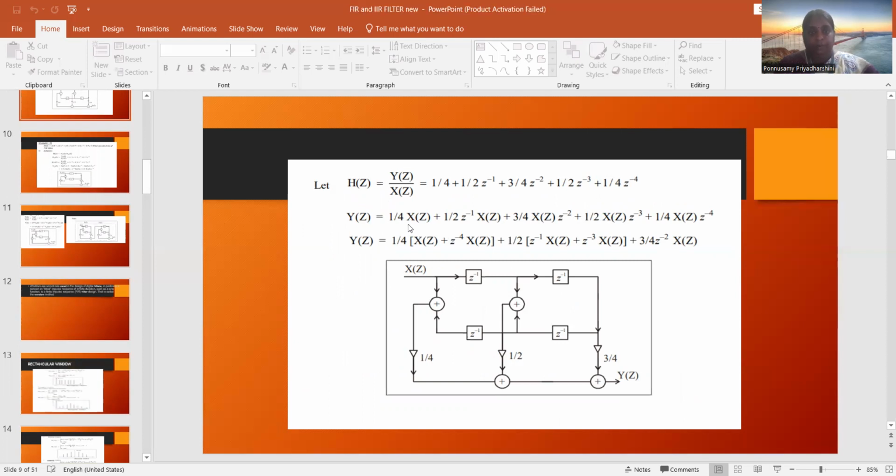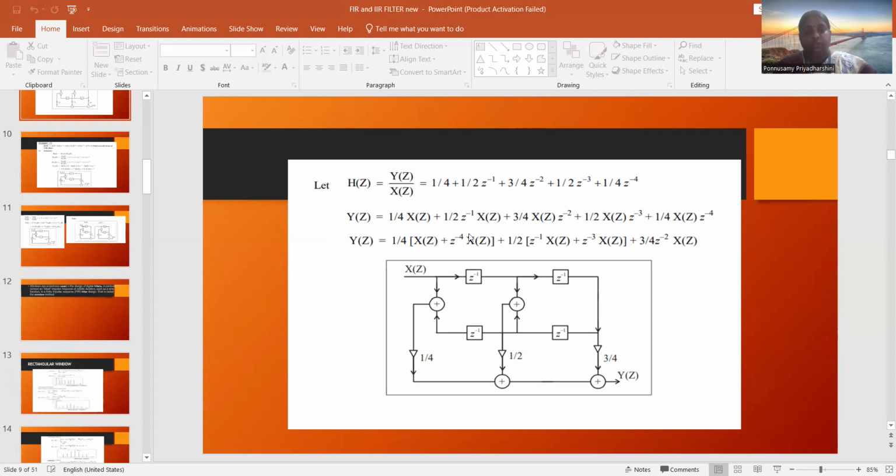So here 1 by 4 X of z plus 3 by 4 z to the power of minus 2, and similarly minus 3 and minus 4. So how are they taking the terms? They are taking 1 by 4 as common, and these two terms go inside, and 1 by 2 as common, and 3 by 4 is separated. By that they draw the diagram, where 1 by 4 is a multiplier.